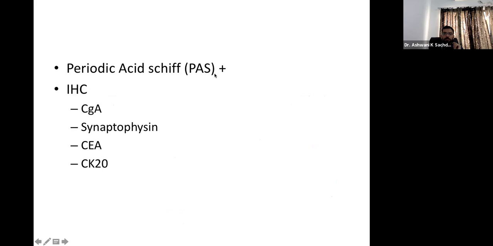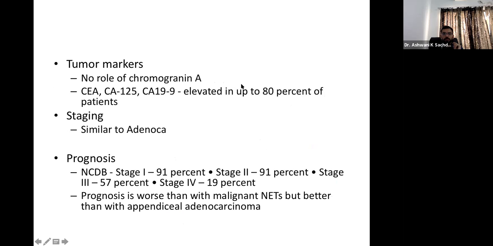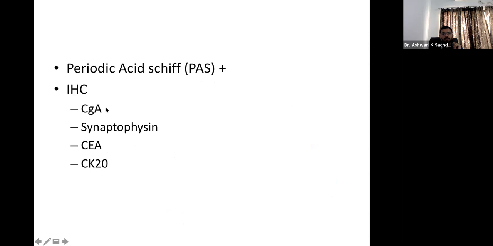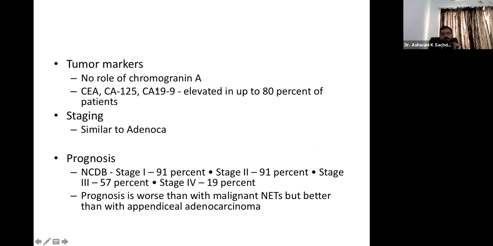They are positive for PAS on IHC, and positive for chromogranin A, synaptophysin, CEA, and CK20. And as a tumor marker, there is no role of chromogranin A. On IHC, chromogranin A can be positive, but the blood tumor marker chromogranin A is not useful for appendiceal goblet cell adenocarcinoma, because the majority is adenocarcinoma component and only a small component is neuroendocrine.